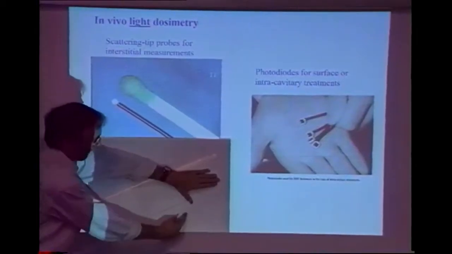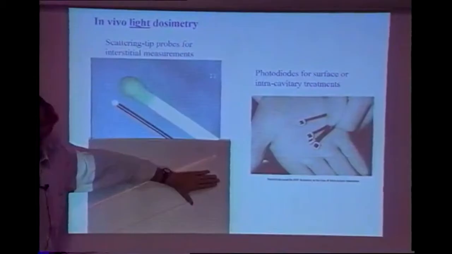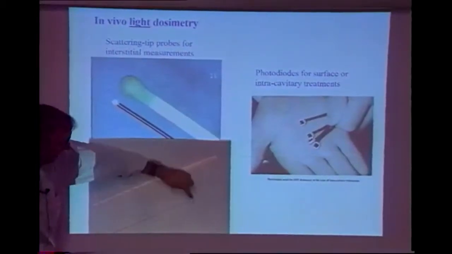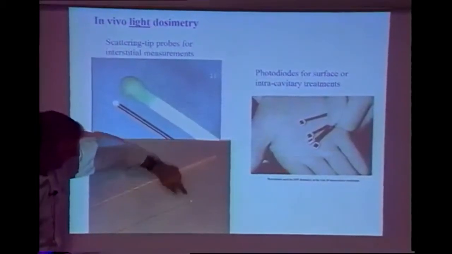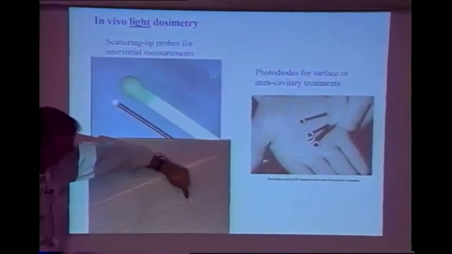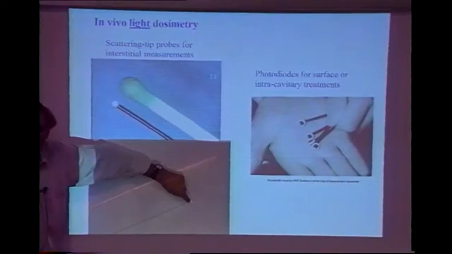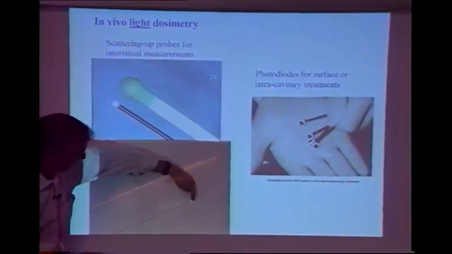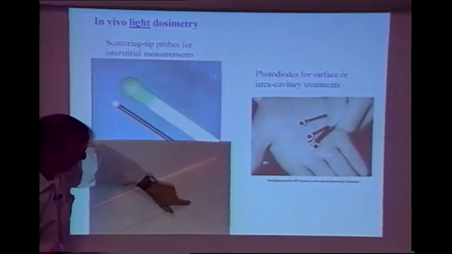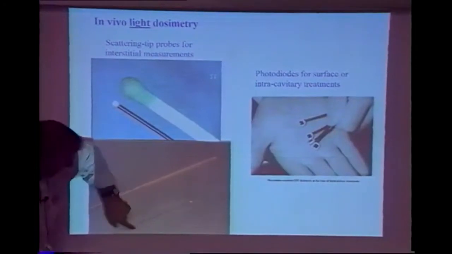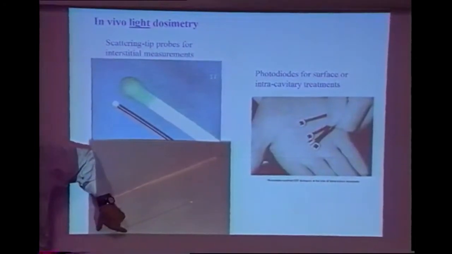So light coming from this direction will not be detected. The idea of this tip is to make the light equally probable to go down the fiber by having it multiply scattered inside here. So no matter which direction the light hits, it gets multiply scattered, randomized in the tip, and a certain fraction goes down and is detected.